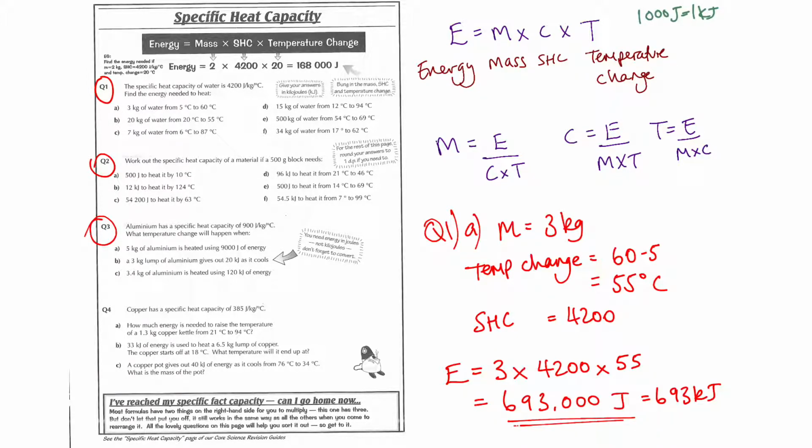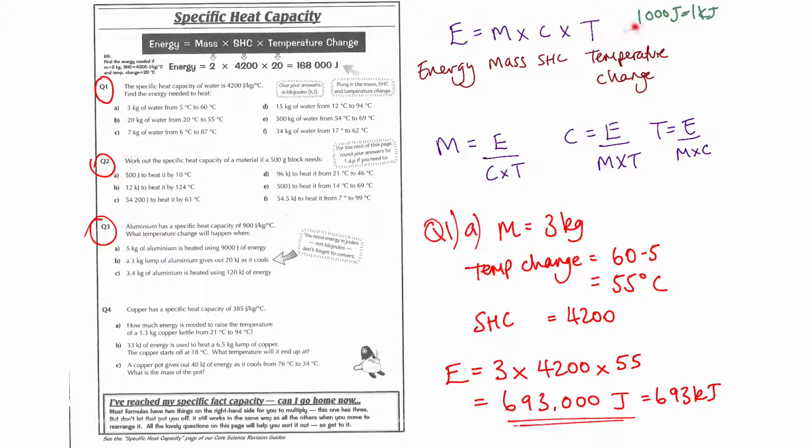So we've got 3 kilograms of water, so I've written m equals 3 kg. And we see the temperature changes from 5 to 60, so that means it's changed by 55 degrees Celsius. And we know at the top that the specific heat capacity is 4,200 joules per kilogram per degree C. So that's a high specific heat capacity, so that's going to take a long time to heat up and a short time to cool down.